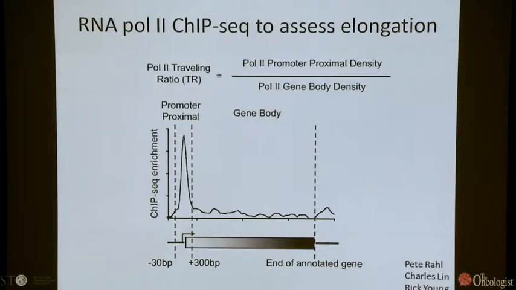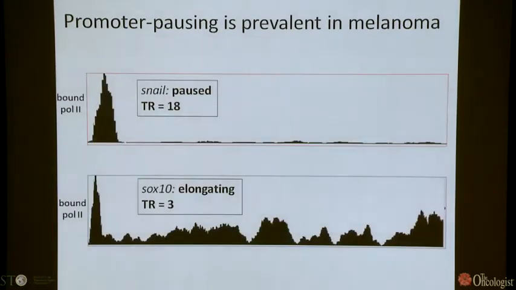And so we utilized this assay in human melanoma cells. Before I talk about what leflunomide did, one of the really important things that we and others are recognizing about transcriptional elongation is shown here, which is that promoter proximal pausing is extremely prevalent in melanoma, and not just in melanoma, but in many cell types. This is a ChIP-seq plot where we're looking at the amount of bound POL2, in this case across the SNAIL gene, and the traveling ratio is quite high, it's 18, because the gene very effectively initiates but only minimally elongates, so this would be classified as a pause gene.